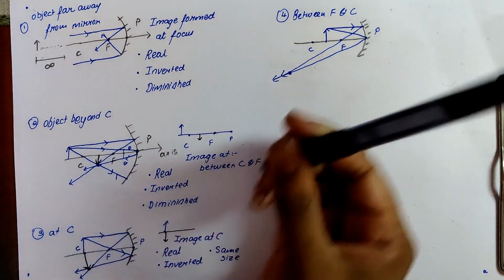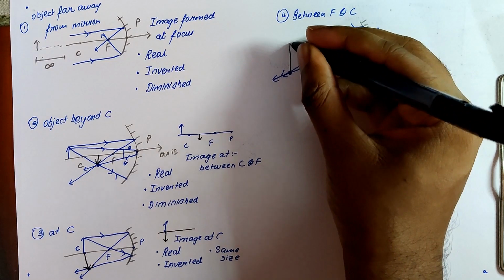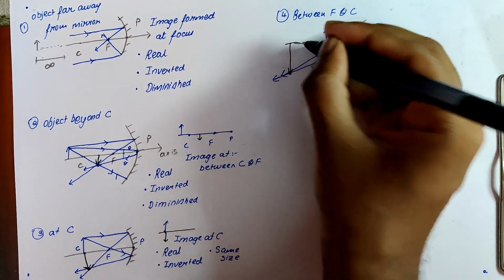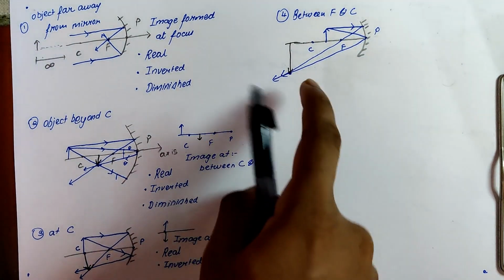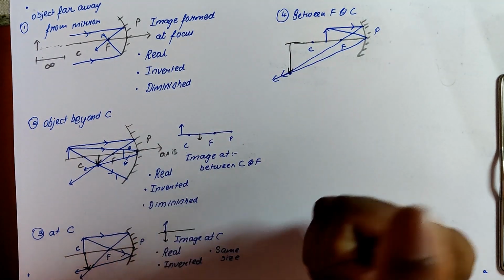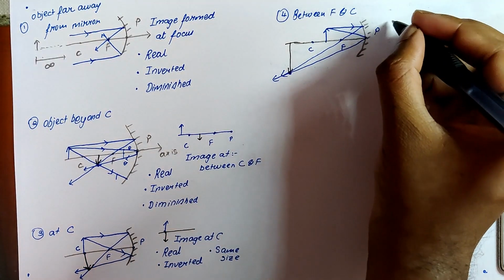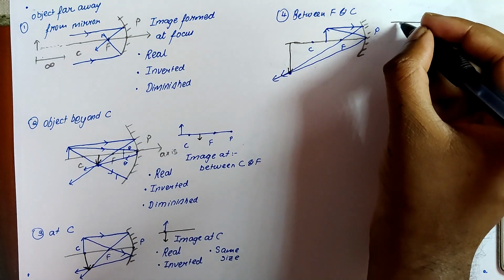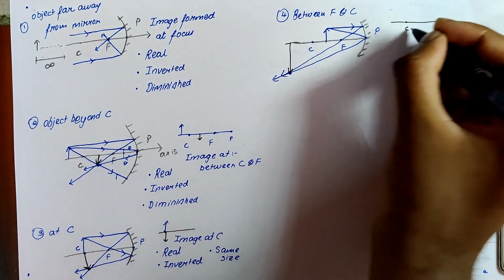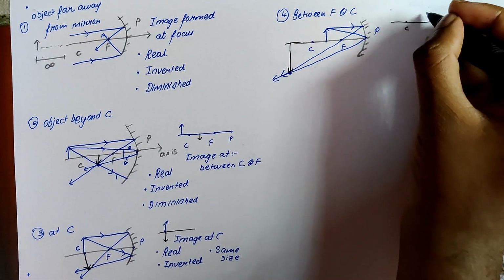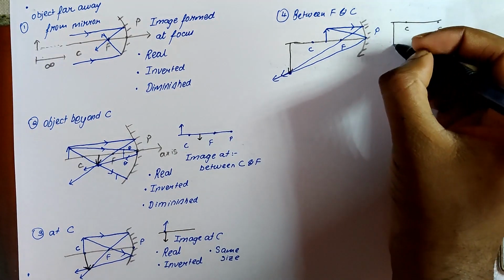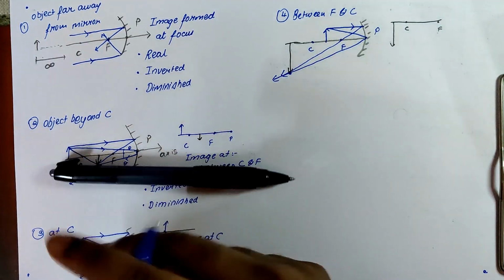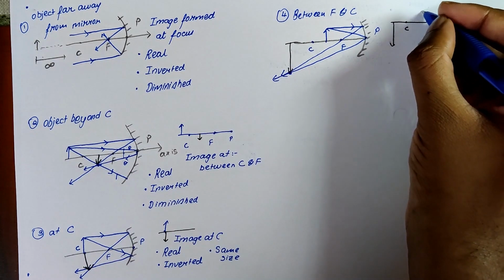Now if I draw an image like this, you will notice a similarity between this and this. That is, the image being beyond C. So this is the image, really large, and this is the object.